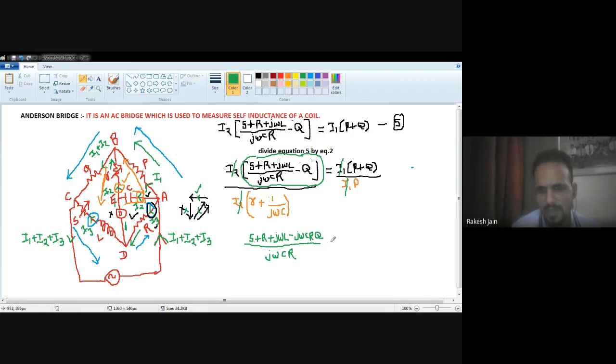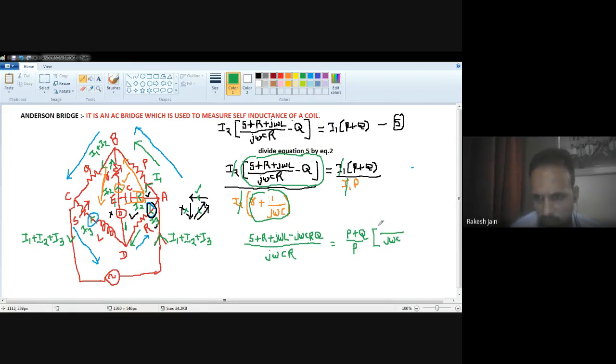And at the right hand side, what will we have? (p + q) divided by p we already have. That will be multiplied by (r + 1/(jωC)). Here the LCM is jωC, so I just put jωC as the LCM.